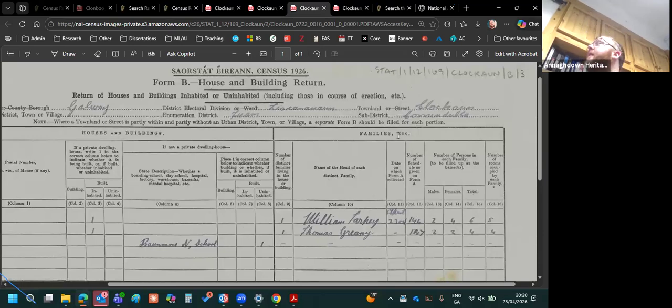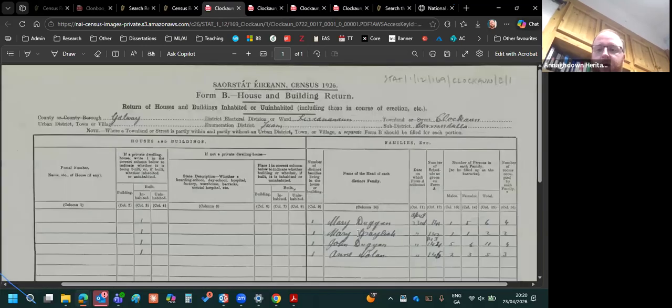So if you go into Clohan 1911, you'll find one in Anadown, one in Lacca, I think. So these 2 houses are in Lacca, and these 4 are in Anadown, or Claregalway, maybe. Interesting. We'll have to get on to GA with that.